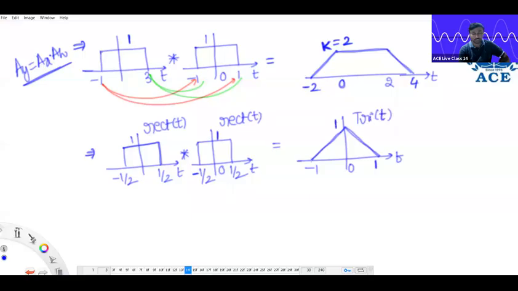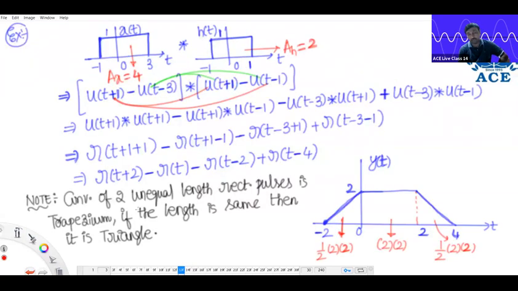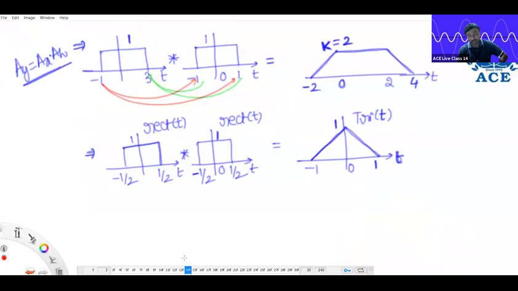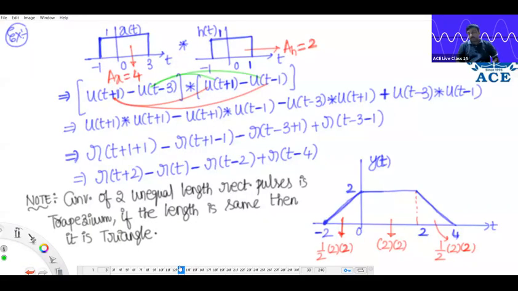That is what the statements are. Unequal length rectangular pulses give a trapezium. If they have equal length or duration, it is a triangular pulse. This way we can further simplify it. First you observe this slide, the last slide.